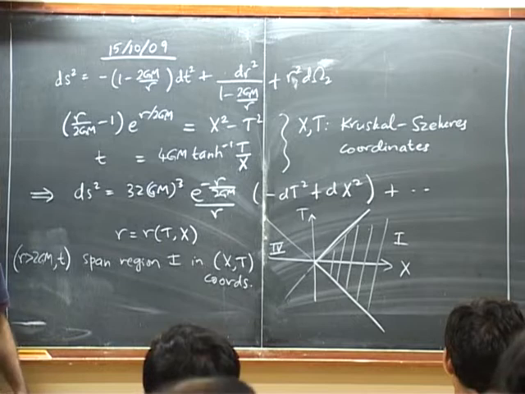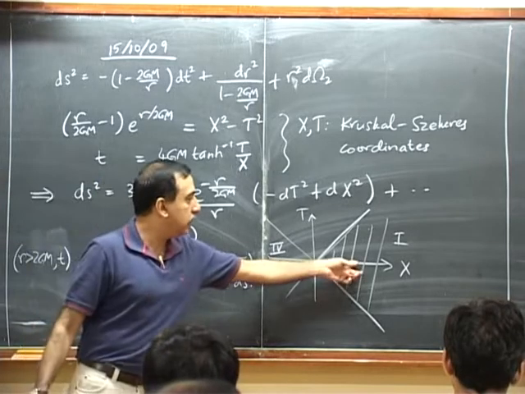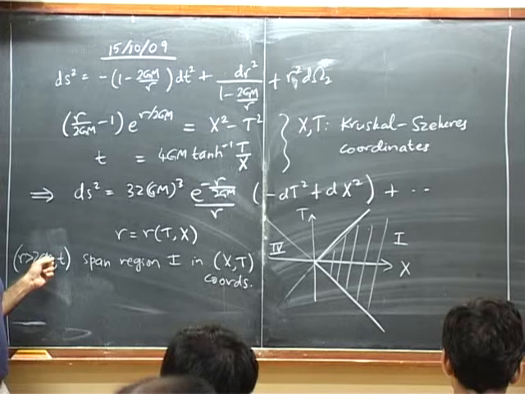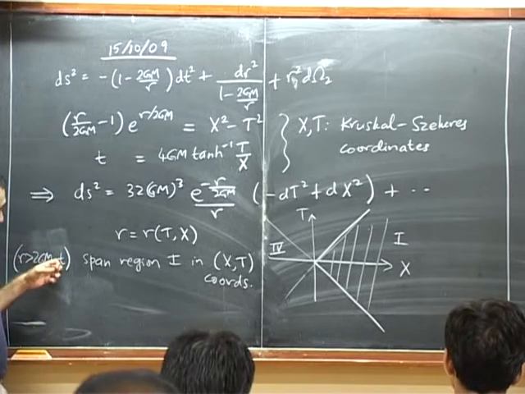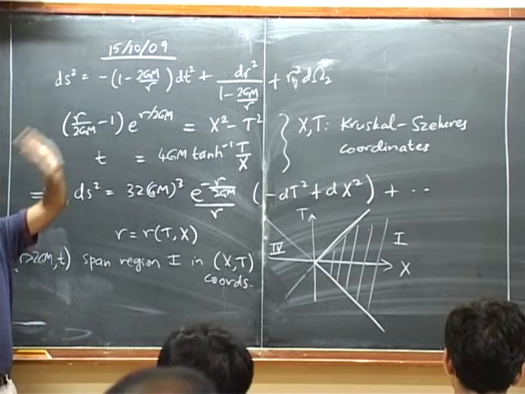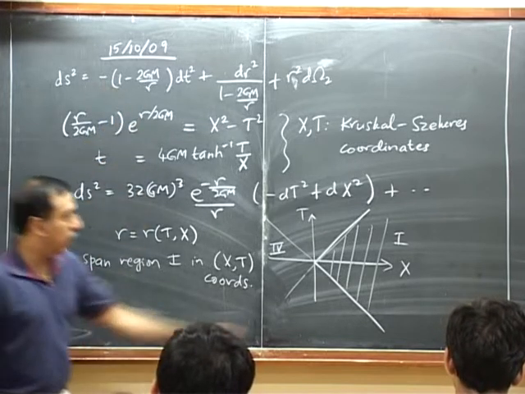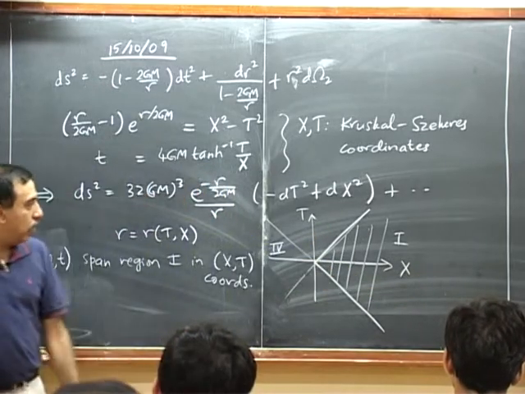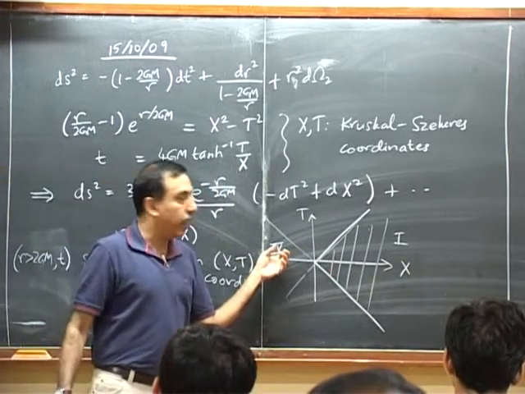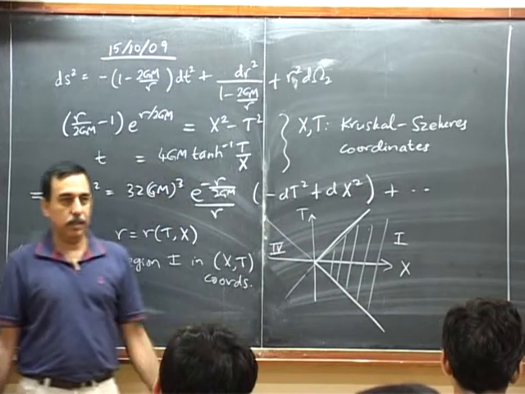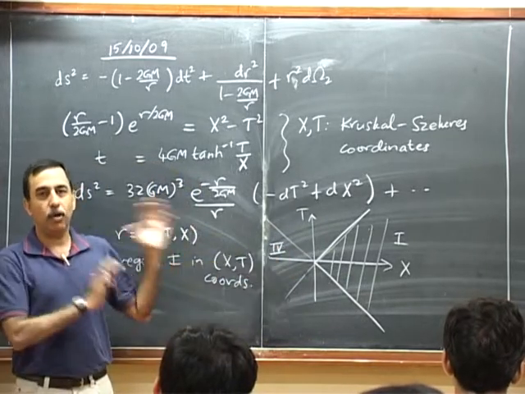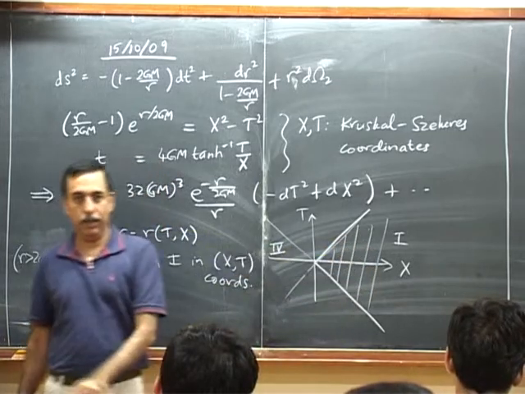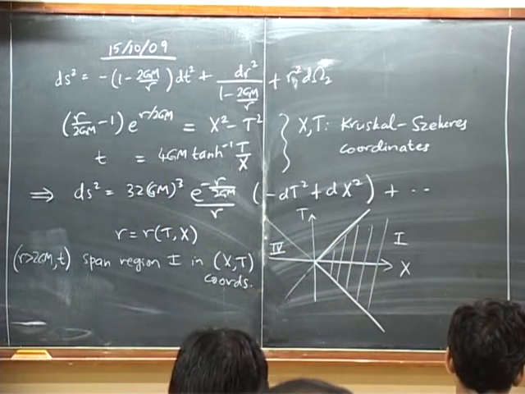But the important thing to note is that these are two copies of the whole region. Namely, if I take r greater than 2GM and t and all the angles and run over that entire space once, I'll run over region 1 once. Okay, so it's not possible to say that 1 and 4 together are equivalent to that outside region. Whatever 4 might be, it's a copy of it. Okay, but 1 is the original. So that's one point.